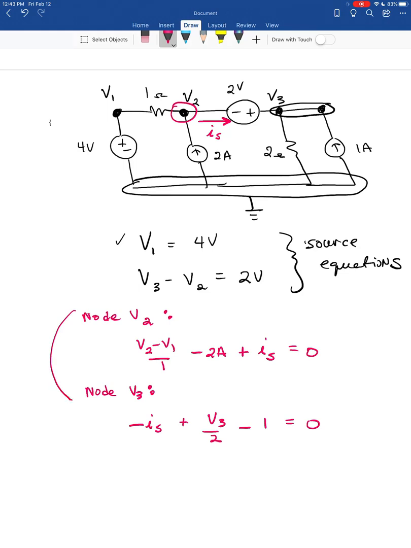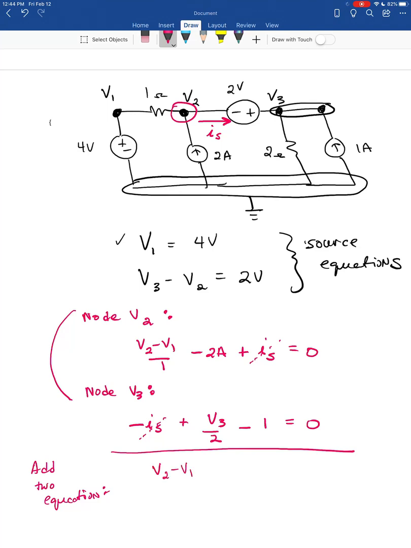And I had to define this source current. Now I want you to notice something. Let's add these two equations together. If I add my two equations, this I_S term here and this I_S term will cancel.